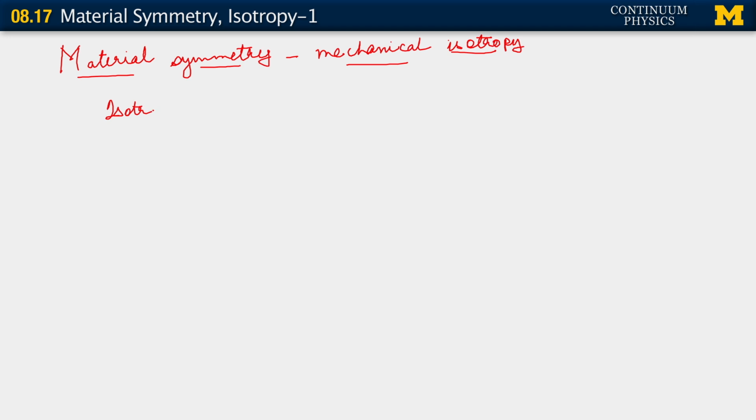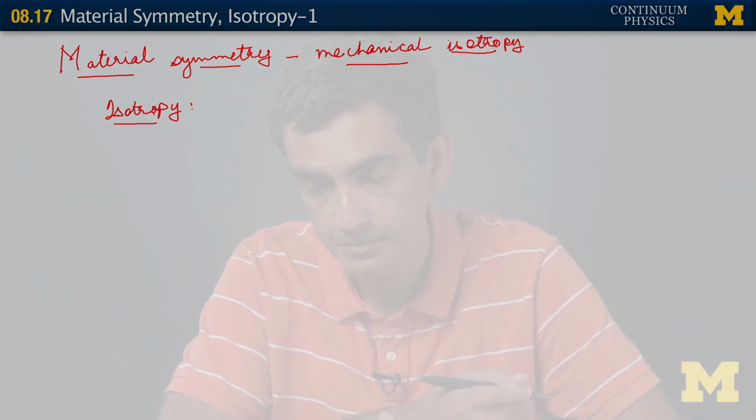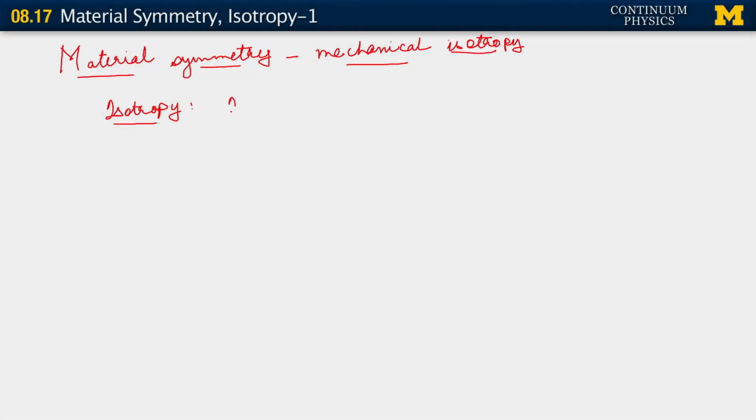Chances are this is a term that's familiar to you. So just think about where you've previously seen the use of that term. Chances are you've heard of a material being referred to as isotropic or anisotropic. The term isotropy, it's a mathematical term. It simply means invariance with respect to direction.